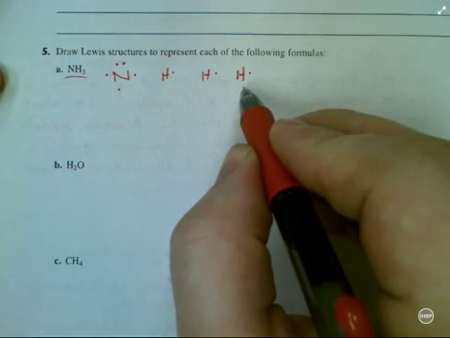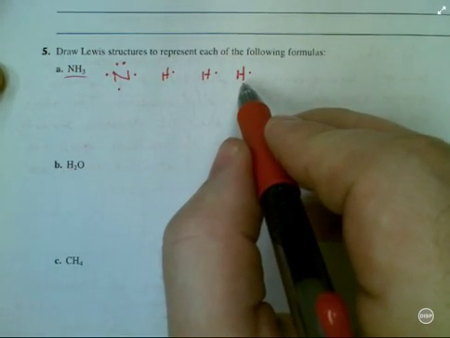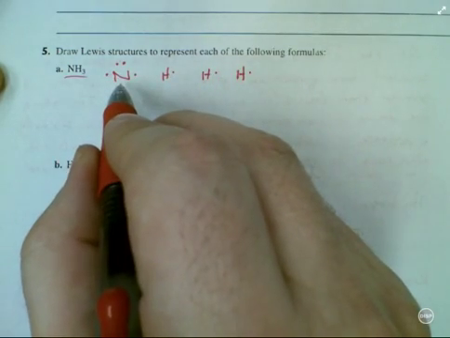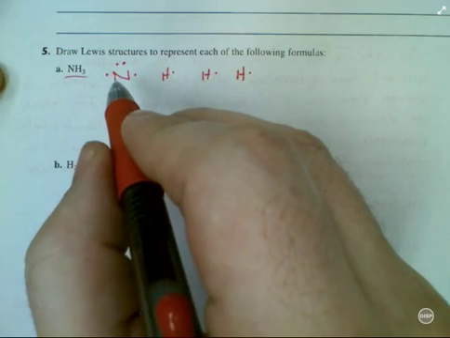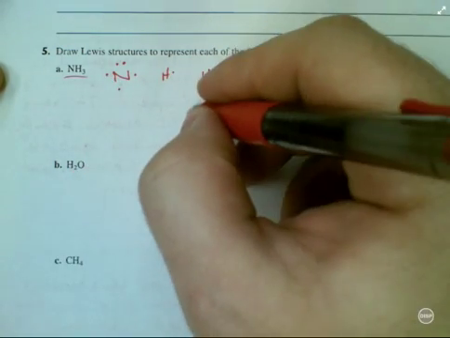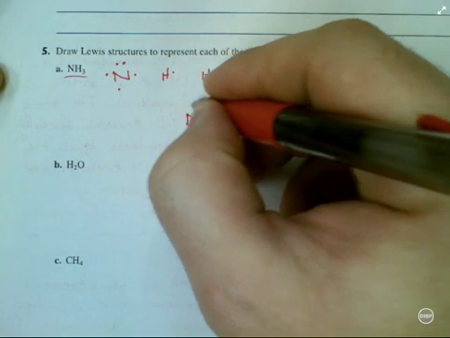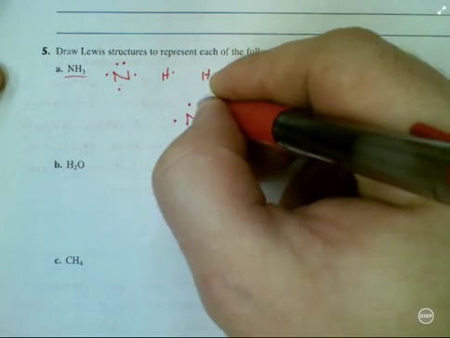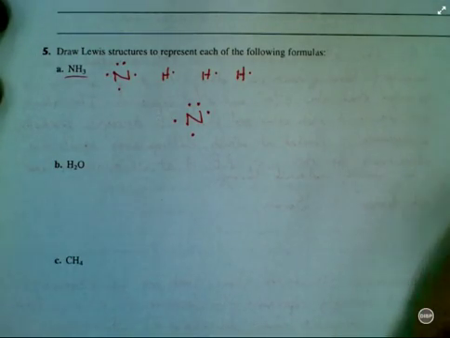But here's the thing. Can hydrogen be the central atom? No, it cannot be. So it has to be nitrogen. So even though nitrogen is more electronegative than hydrogen, it has to be the central atom. So I have nitrogen there with its 1, 2, 3, 4, 5 valence electrons.